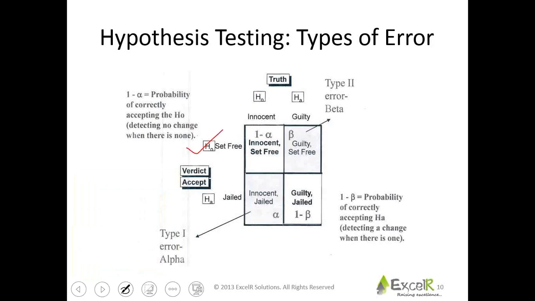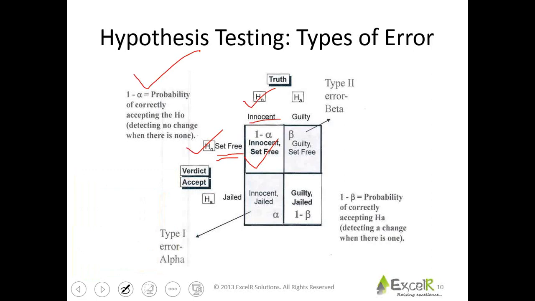H naught is the null hypothesis. Null hypothesis says set free the person because he's innocent. If a person is innocent and you are leaving him, that is the correct decision. This is a correct decision which is described by 1 minus alpha. It is the probability of correctly accepting the null hypothesis, detecting no change when there is none.